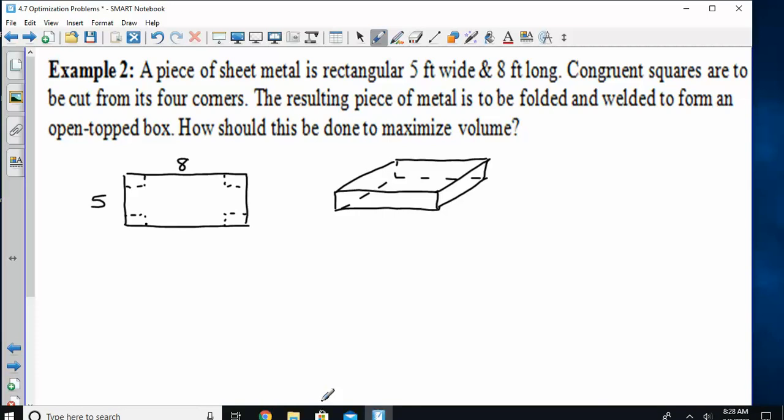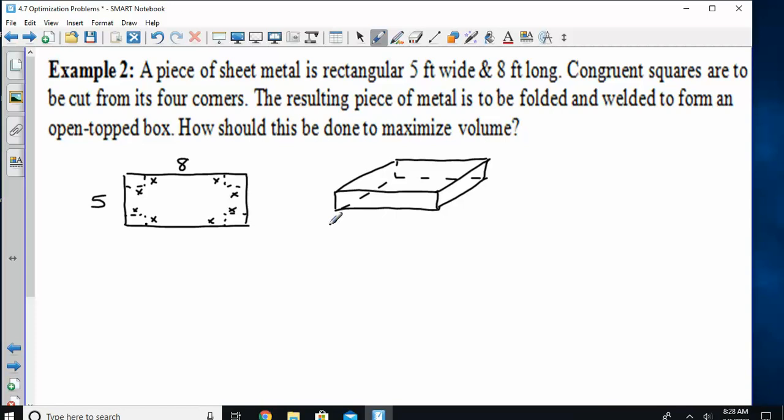Okay. We need to find the volume of that box itself, which means I need the dimensions of the box. Do I know how big these squares were that were cut out? So what do I call them? X. They're identical, so all of those are X on each side.